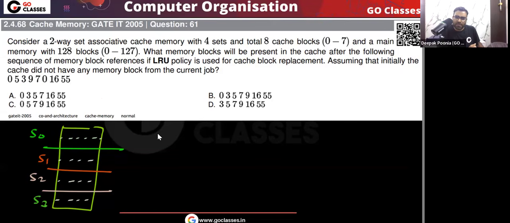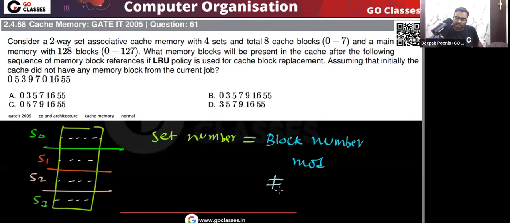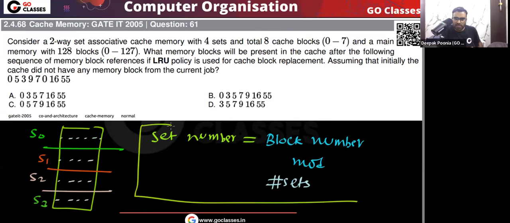Can we find it? Yes, very easily. What we will do is take the block number in decimal, mod the number of sets. This formula will give me the set to which a block number will map.